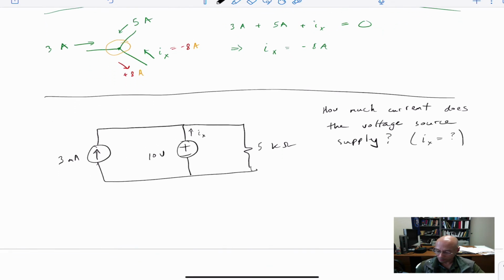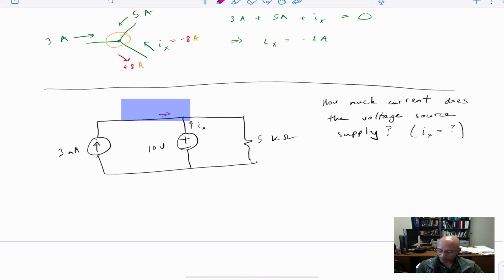That's what we're asking. We know that we have 3 milliamps going this way. We would like to know what the current going in this way is. Let's call it Iy, because then we could write from form A that Ix plus Iy plus 3 milliamps equals 0. That would be KCL at that top node.